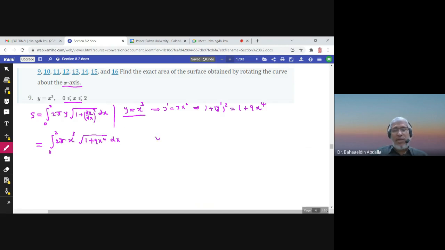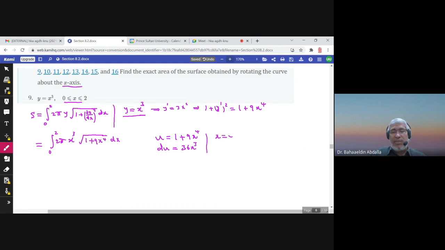And now if I take u equals 1 plus 9x to the power 4, then du is 4 times 9, 36x to the power 3 dx. And I already have x to the power 3 outside. So the usual substitution works. Let me change the values of x.